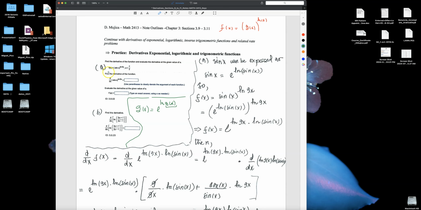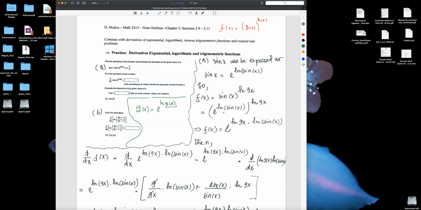Perfect. If we have that, then the function f is going to be expressed as an exponential function. You see here, we have the exponential of the natural log of sine x, everything raised to the natural log of 9x, because this is equal to this one.